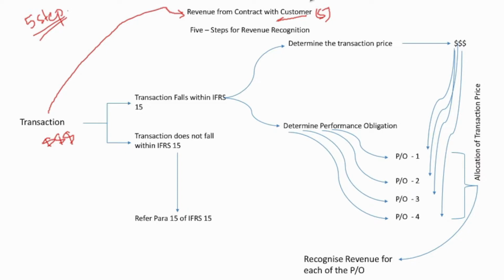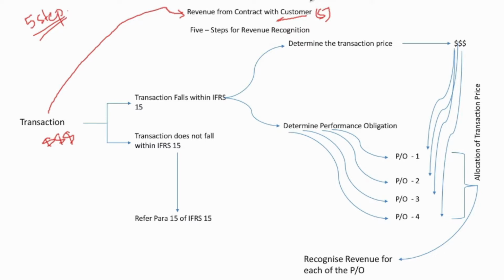The first condition is the parties have approved the contract. It's an agreement. It's an offer plus acceptance, which becomes an agreement. Plus, it has to be enforceable by law. The second criterion is each party's rights and obligations regarding the transfer of the goods and the payments are identified. The payment terms are identified. The contract has commercial substance.